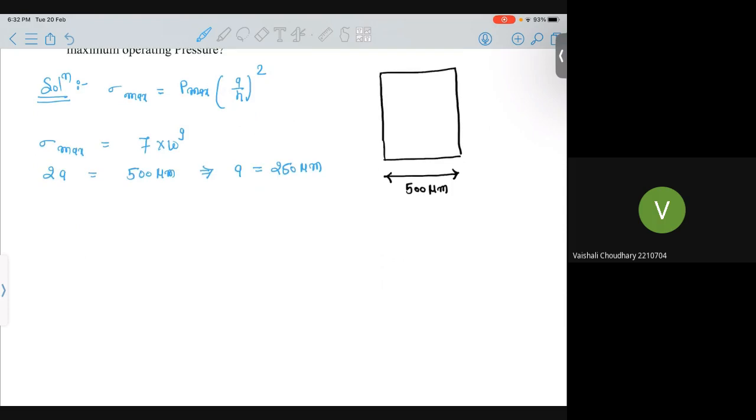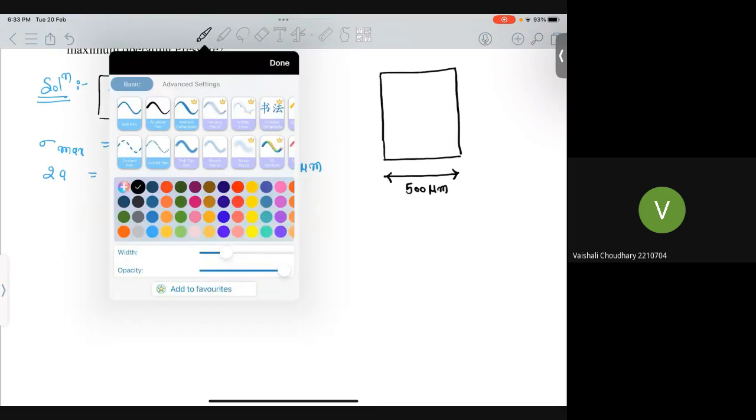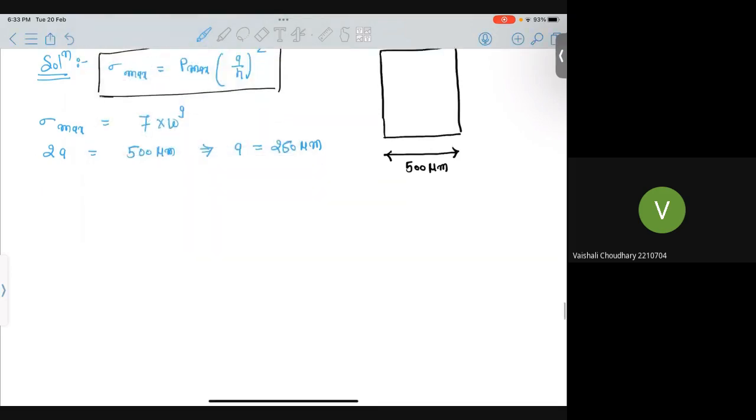Now we'll put the values of sigma, which is the maximum stress, and the side of the membrane in equation 1.